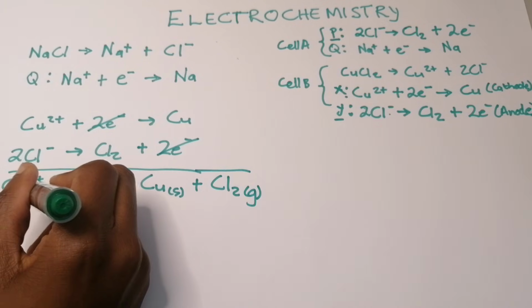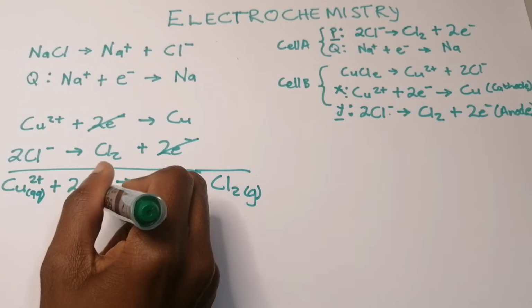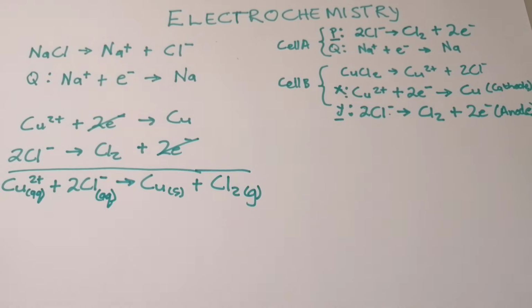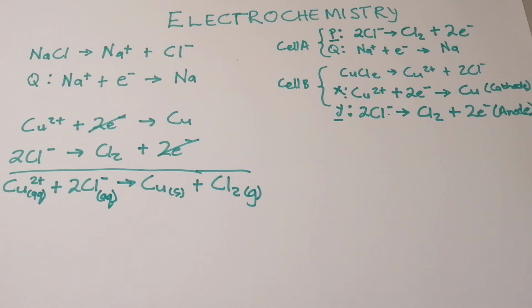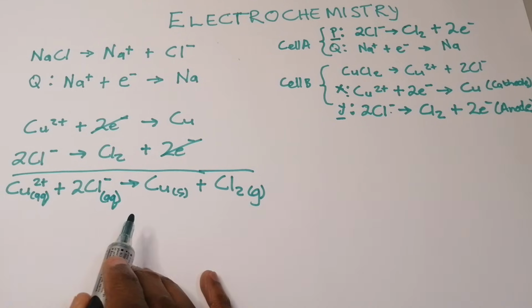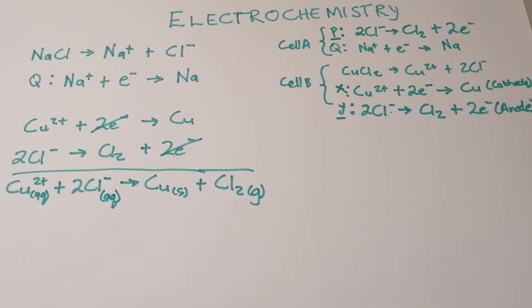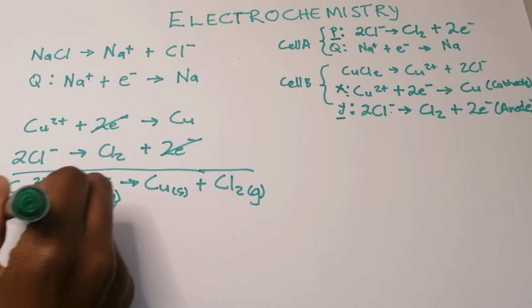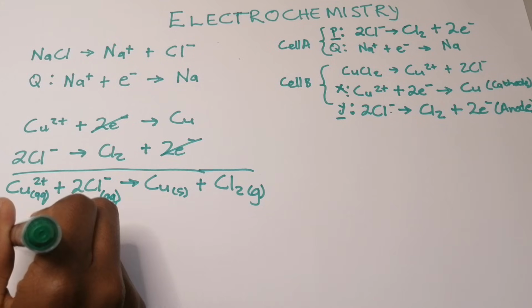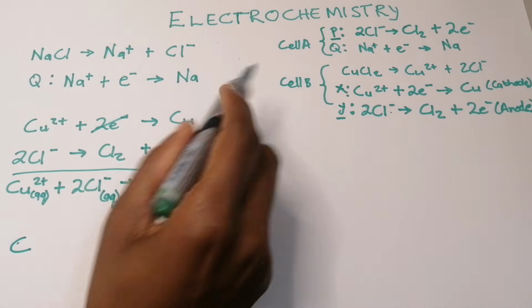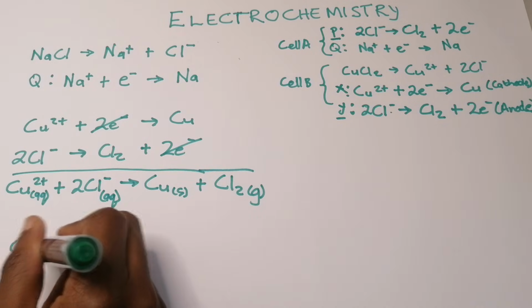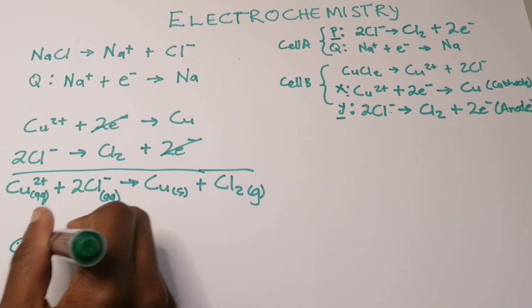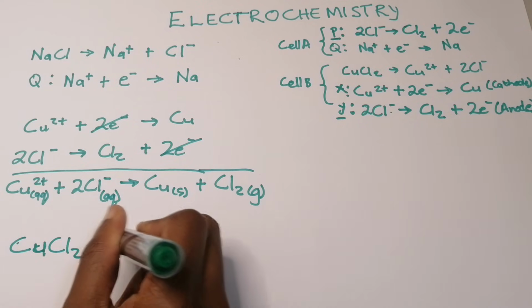Of course, these two would be in aqueous form, both of them. So that would be the net cell reaction that is formed in that cell. You are allowed to write it as it was before, as copper chloride, CuCl2.